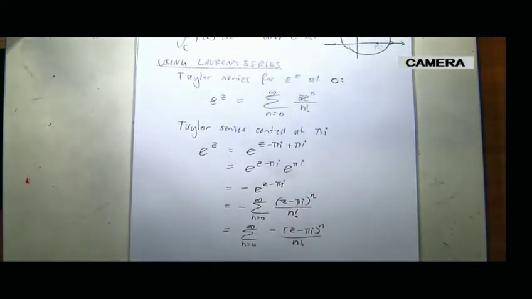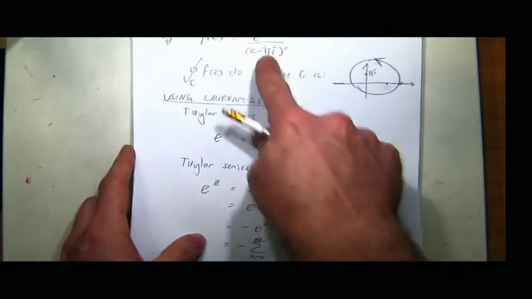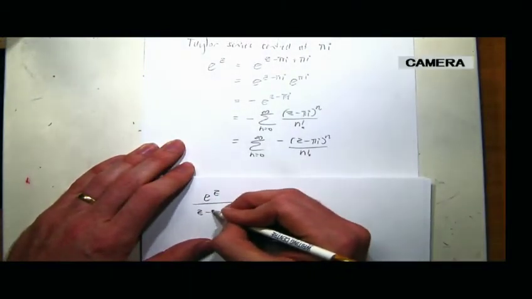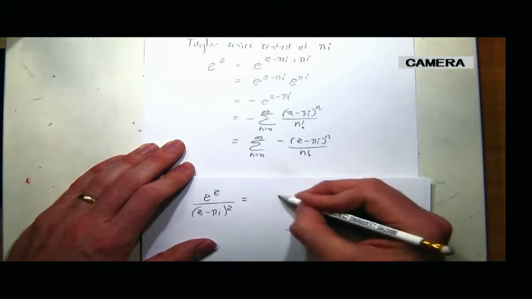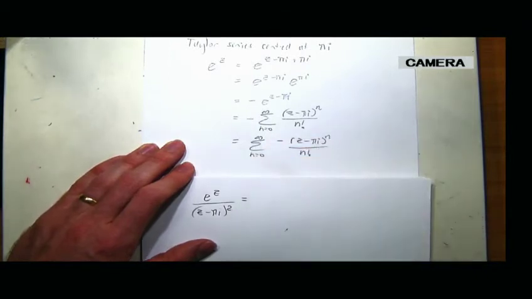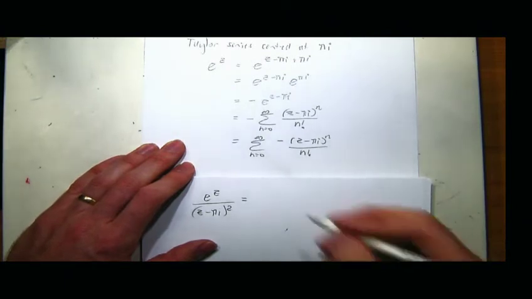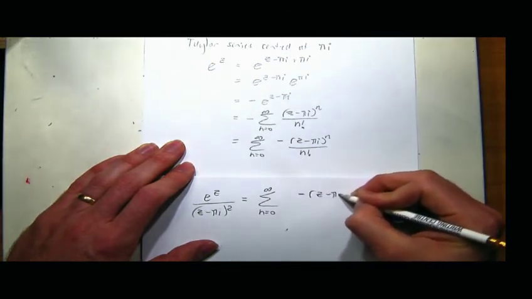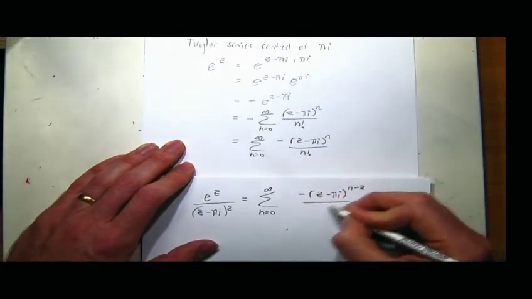Now what I really want is the one for that function divided by z minus pi I, because that was my original function. See, it's got z minus pi I squared, actually. So e to the z over z minus pi I squared will divide all of this by z minus pi I squared. So all my powers are going to go down by 2.